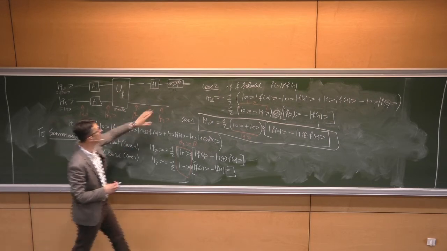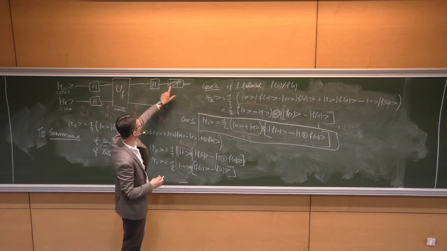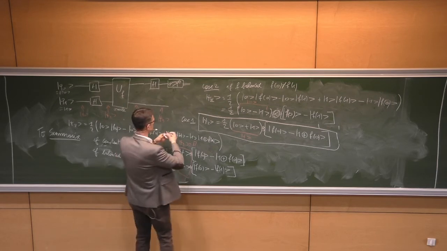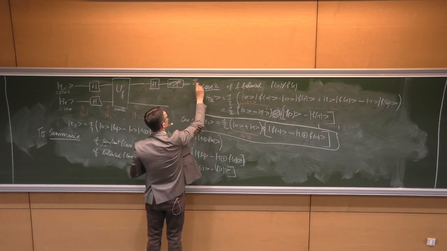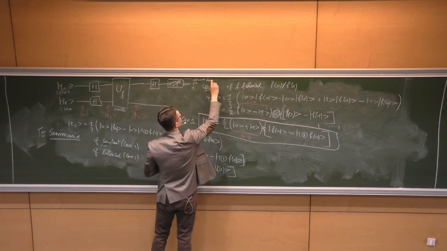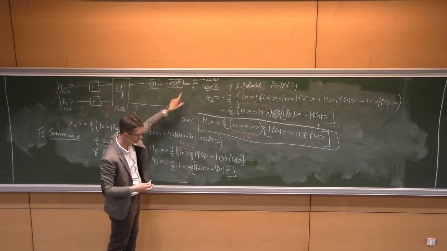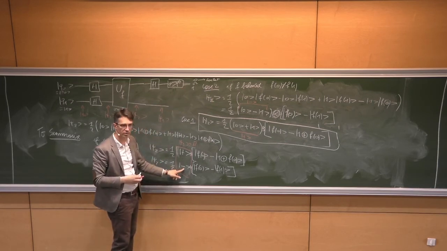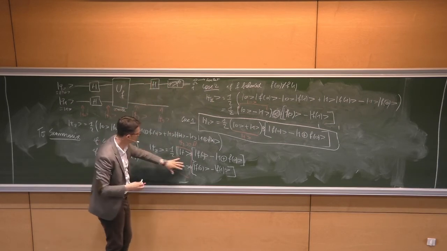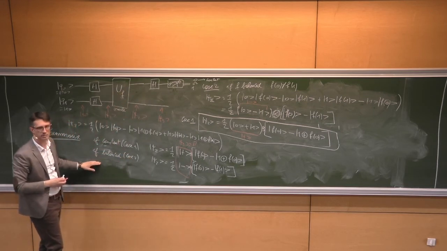But if I measure 1, so if it's 0, it's the constant case. But if it's the 1 I measure here, that means I was in a minus state before the Hadamard gate, and therefore, if I was in a minus, that means I was in a balanced case for the function.